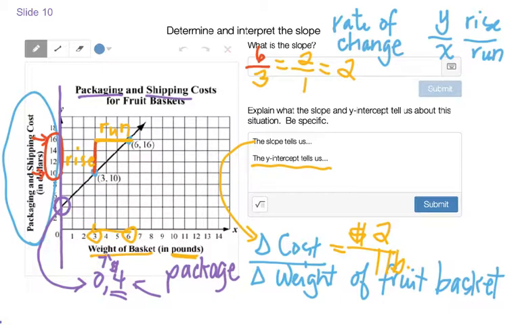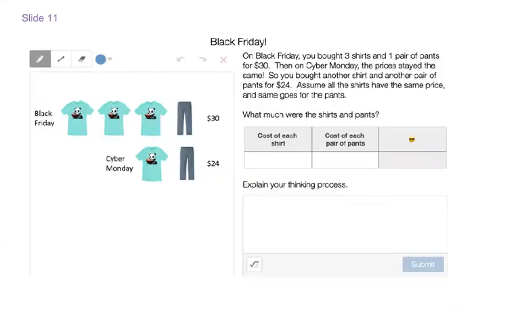So moving on now, I believe I've got one more slide. This one is about Black Friday. And we've got Black Friday and Cyber Monday. And you could see here from the problem that you bought 3 shirts and a pair of pants, and that cost you $30. And then on Cyber Monday, the prices stayed the same.